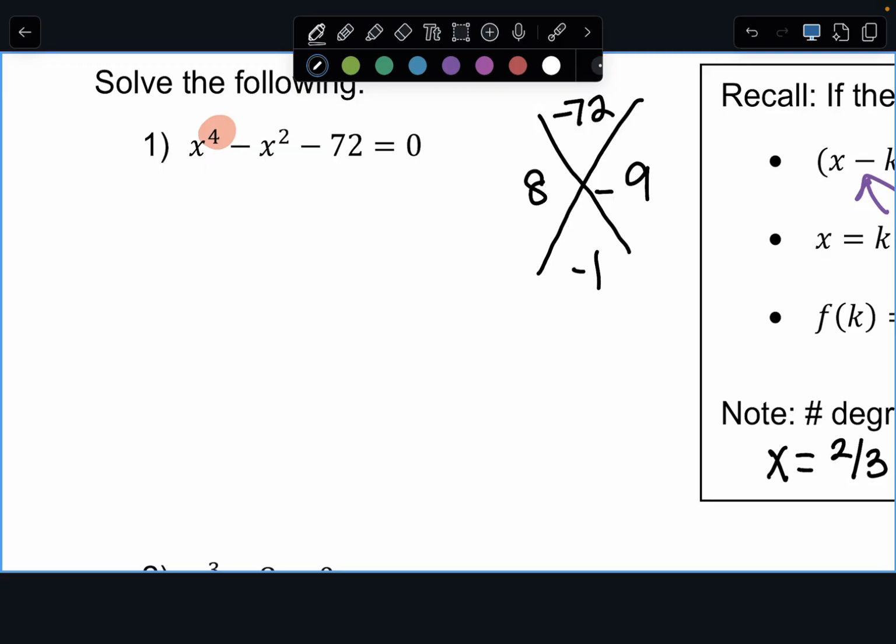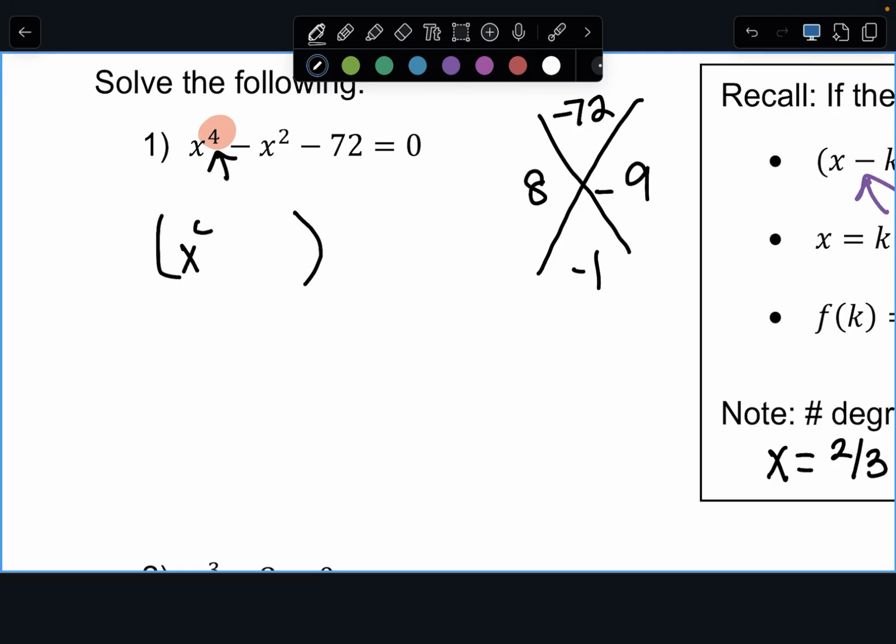Okay. A is 1. So can I just say x plus 8, x minus 9? Why not? Because our exponent's not 2. I can't just say x plus 8, x minus 9, because that would only get me an x squared. I need an x to the 4th.